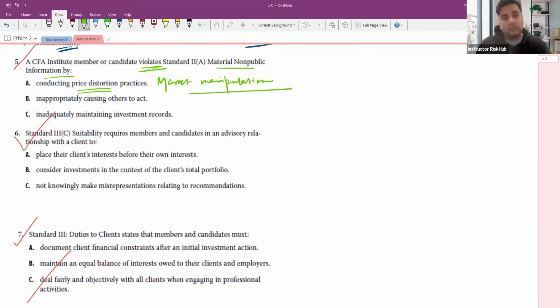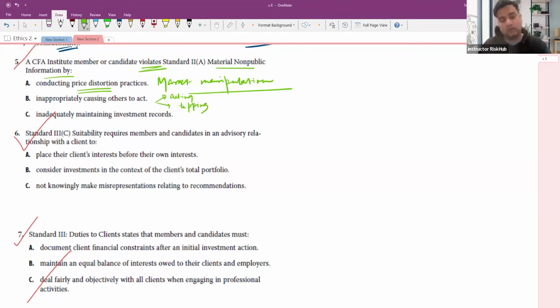Then you have option B, inappropriately causing others to act, right? Now, again, this is quite close, because in the standard on material nonpublic information, it is said that acting on material nonpublic information and causing others to act, right? So it is acting and tipping.